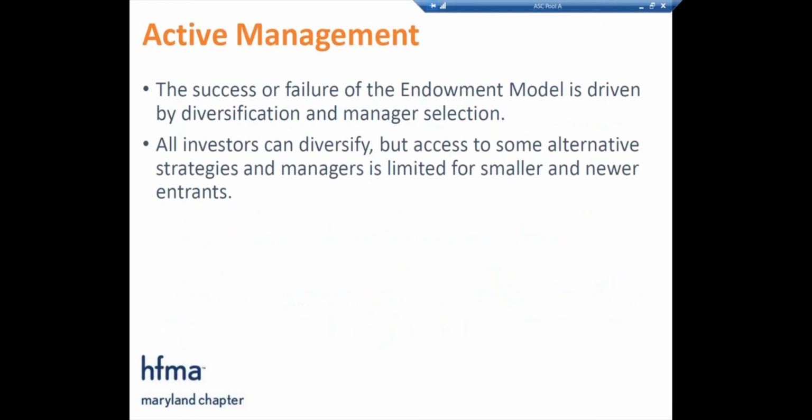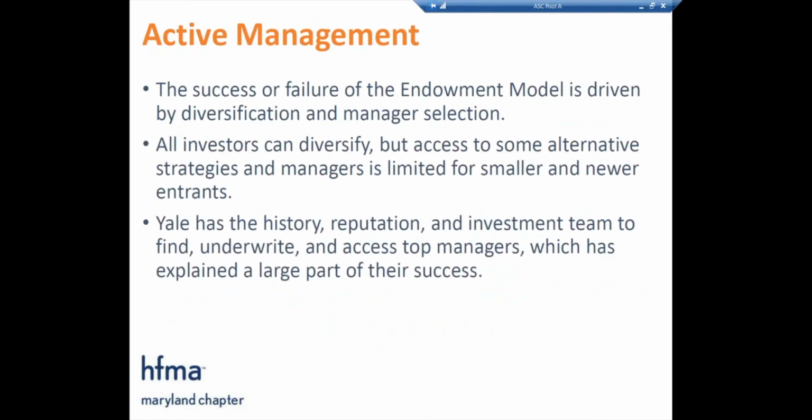It can be difficult for smaller and newer entrants or adopters of the endowment model to execute that part of the strategy. It takes resources, either internal or external, who can do the due diligence work, understand and evaluate managers and their investment judgment, and partner with those that are going to add value.